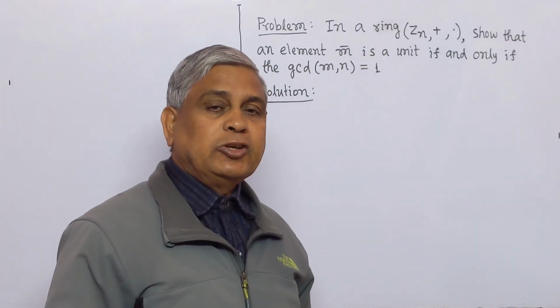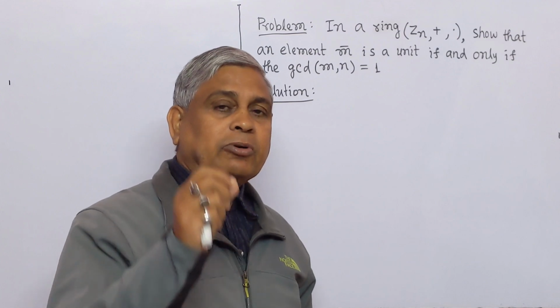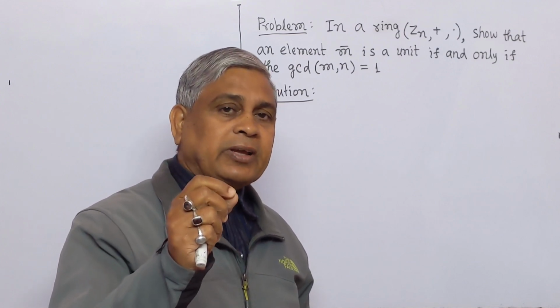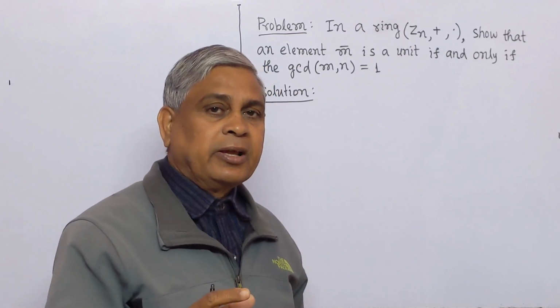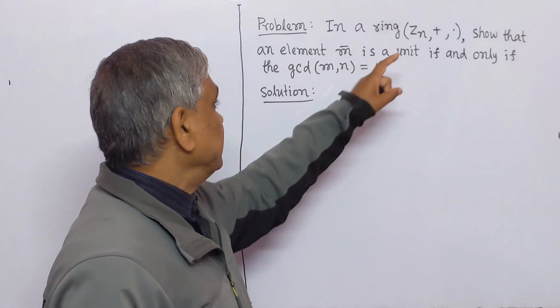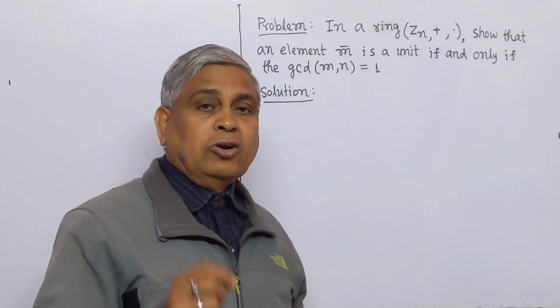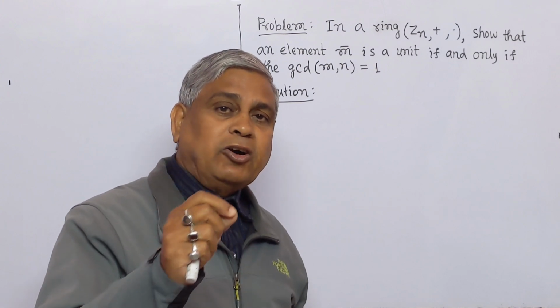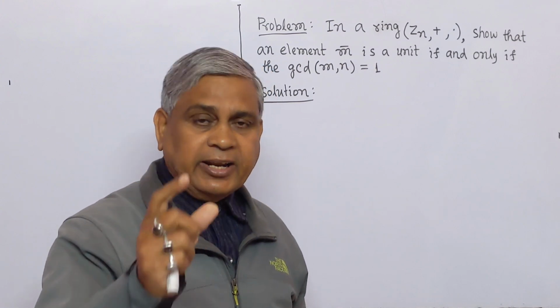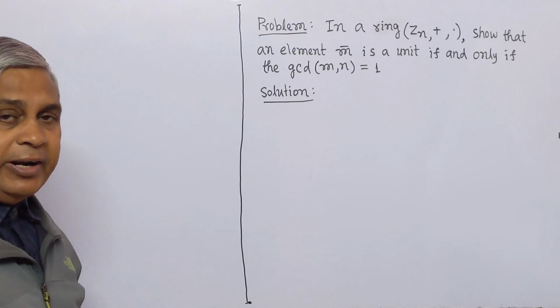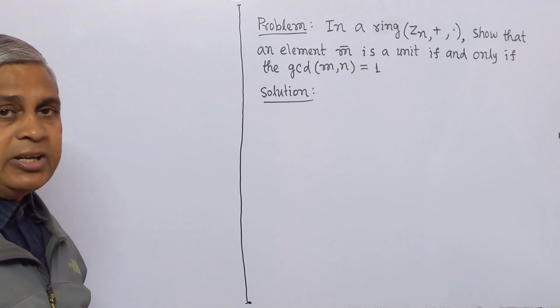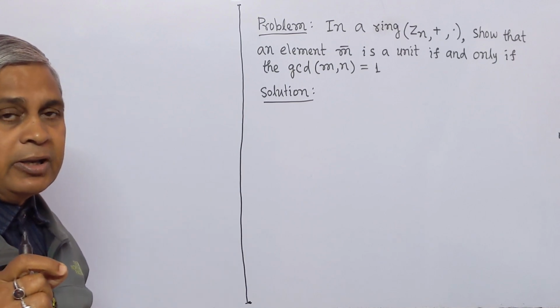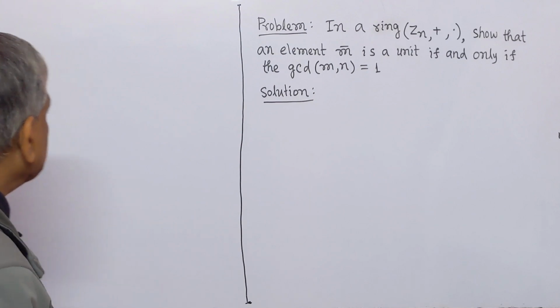Before solving this problem, I would like to give some basic concepts: what is Zn, and what is the value of multiplication of two elements of Zn. By a particular example, firstly I will try to give this concept.